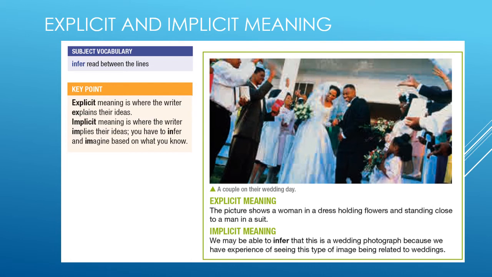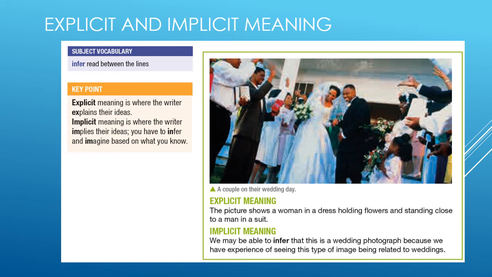What is the implicit meaning? We may be able to infer that this is a wedding photograph because we have experience of seeing this type of image being related to weddings. So we know that usually brides are wearing white dresses and they hold a bouquet of flowers.